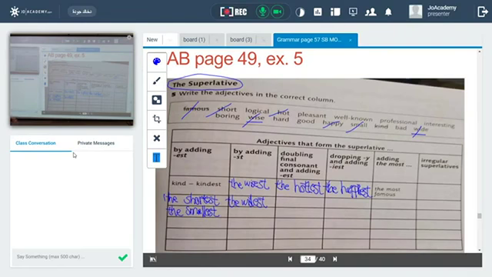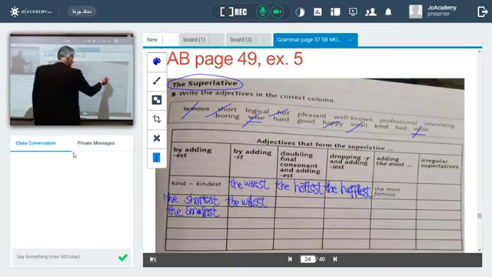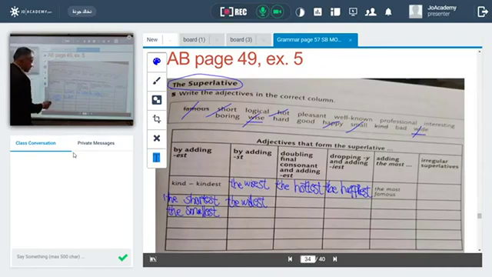Then we need to add also more. We have here hard and kind. They are from this group. They become the kindest. The kindest. Okay.